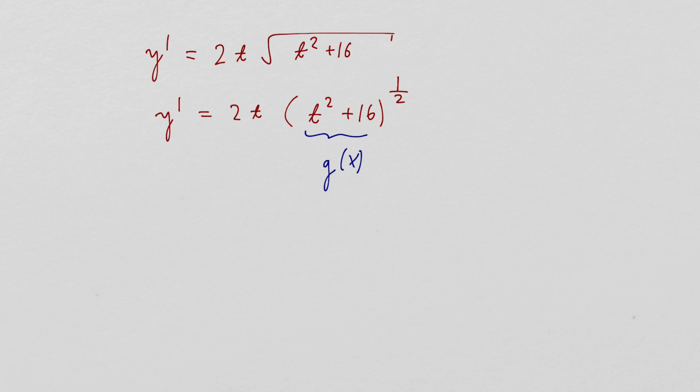If g of x is t squared plus 16, then the derivative of g would be 2t plus 0, that is 2t. Okay, so it seems that we have the derivative of g here.